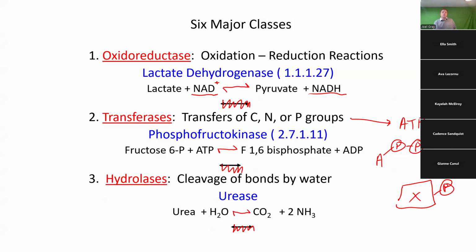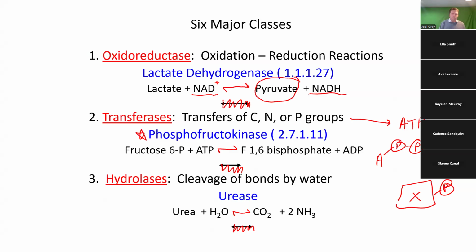So a transferase moves a group from one substrate to another substrate. And this enzyme, phosphofructokinase, is one enzyme that we will see in glycolysis. Now, lactate dehydrogenase is not an enzyme that we'll see in glycolysis, but it is related to metabolism of sugars, in particular because what's one of our products?